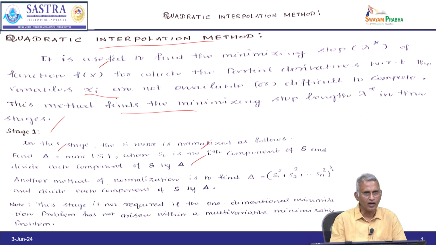Another method of normalizing is to find delta equal to the square root of S1 square plus S2 square and so on up to Sn square, and divide each component of S by delta. Note, this stage is not required if the one dimensional minimization problem has not arisen within a multivariable minimization problem.